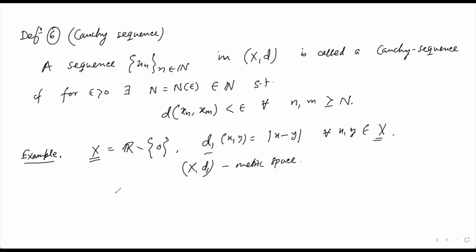And if you consider the sequence 1 over n, this is a Cauchy sequence in this metric space X comma d1, which is not convergent.